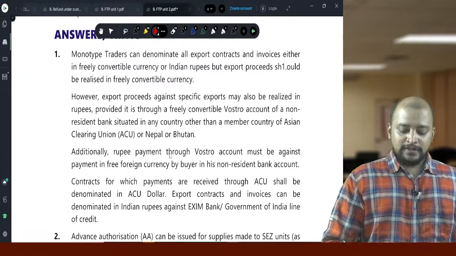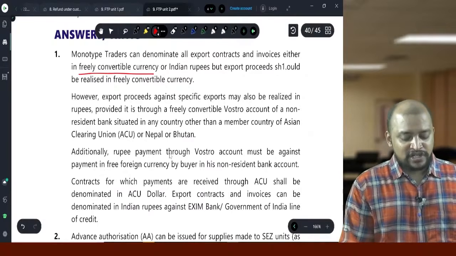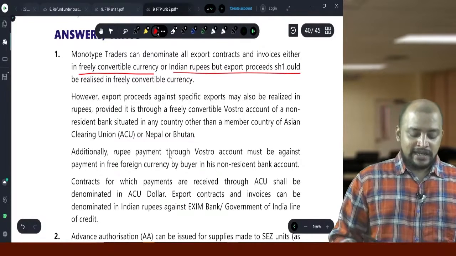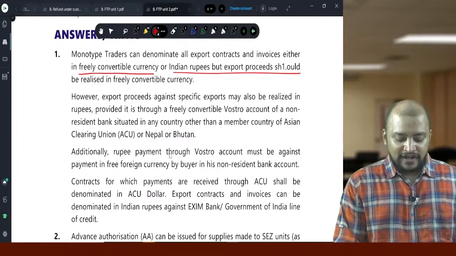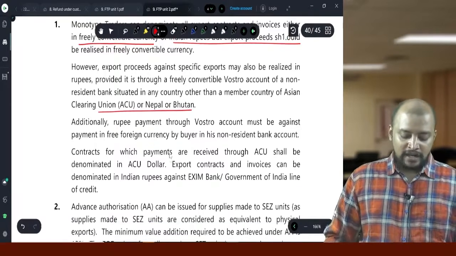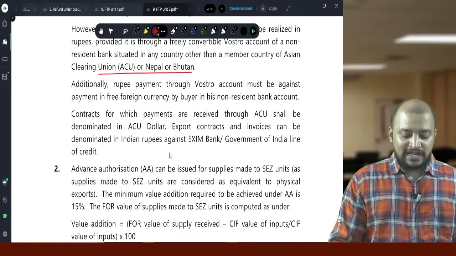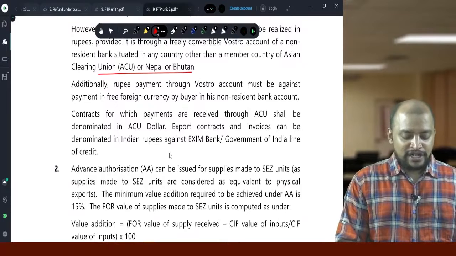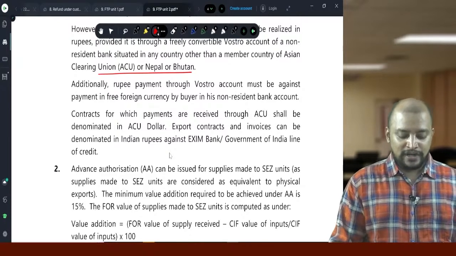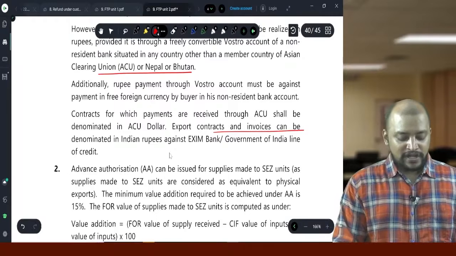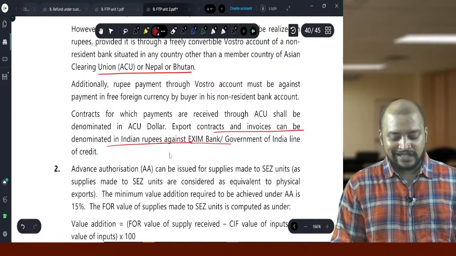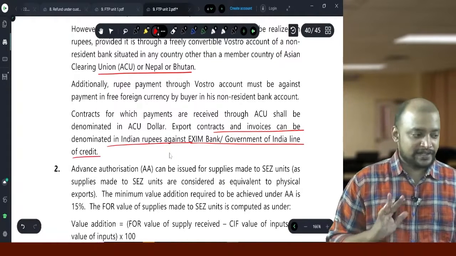But generally it should be convertible foreign exchange. So in the case of Nepal and Bhutan, contracts for which payments are received through ACU, the Asian Clearing Union, shall be denominated in ACU dollar. Export contracts and invoices can be denominated in Indian rupees against an Exim Bank or Government of India line of credit.